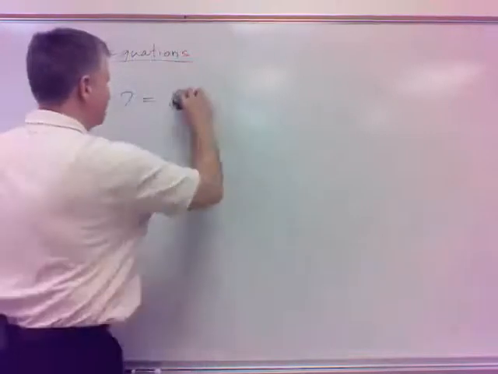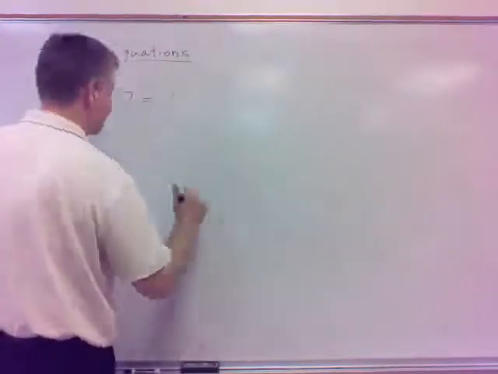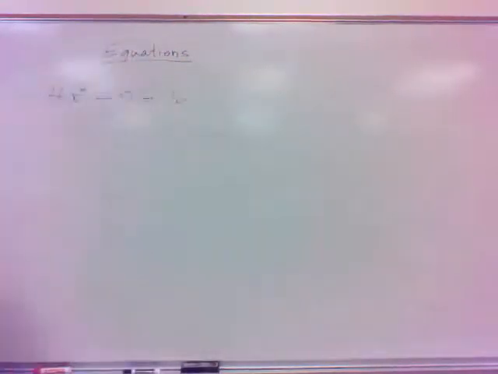Equals 16, that's what I want. 4x squared minus 7 equals 16. Okay. This one I'm going to use the square root method on.